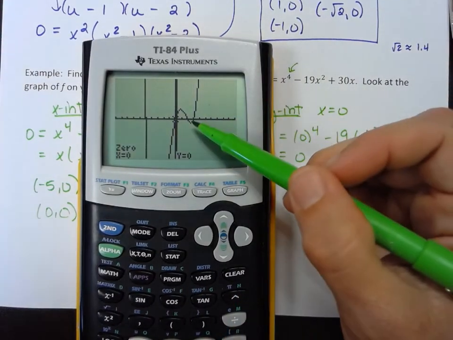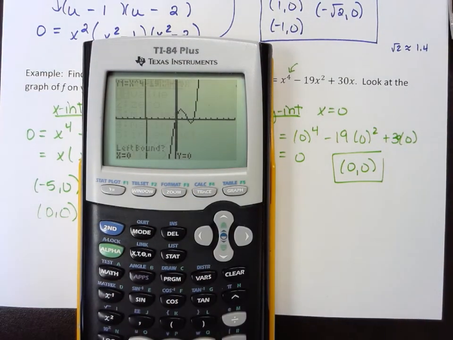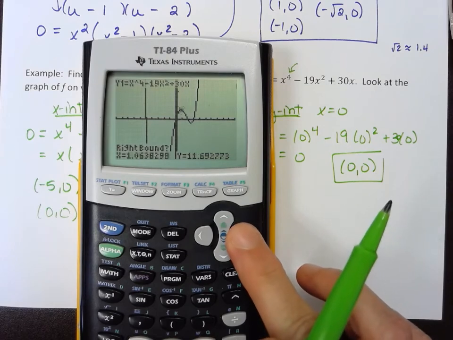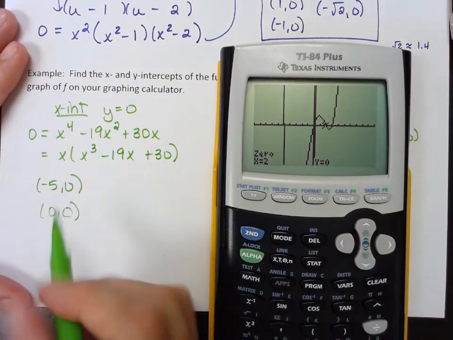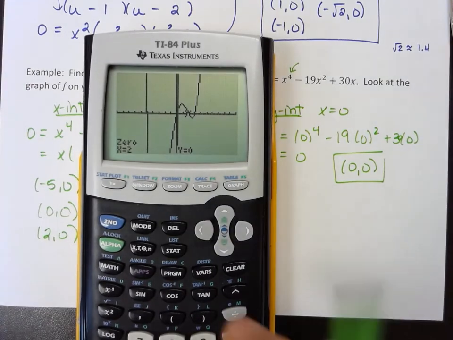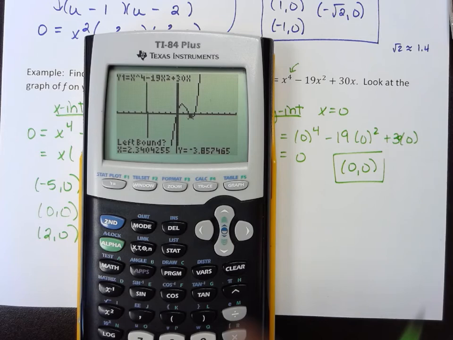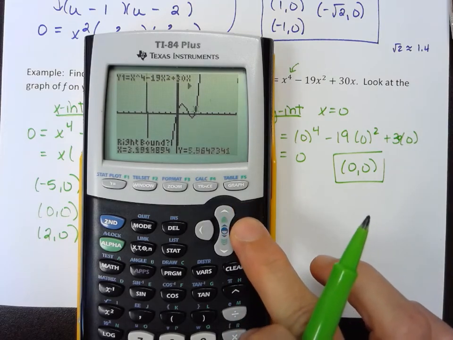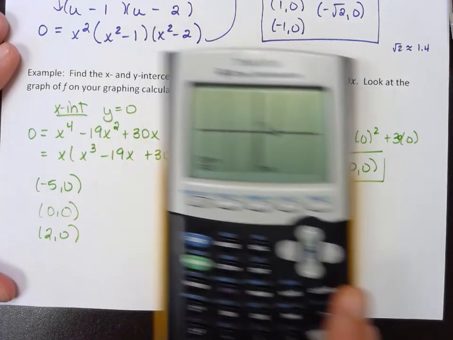Alright, now we want to try to get this point. Second calc 0 again. I'm on the left side. Now I'm on the right side. Guess, yes. That would be the point (2, 0). Zero again. We're on the left side. We're on the right side. Guess, yes. That's the point (3, 0).